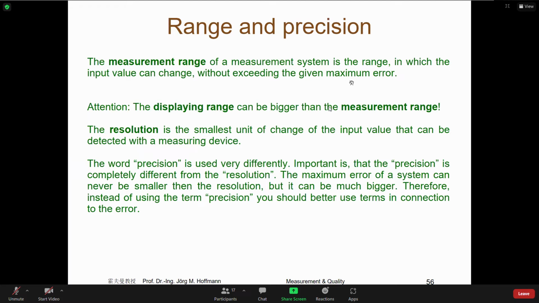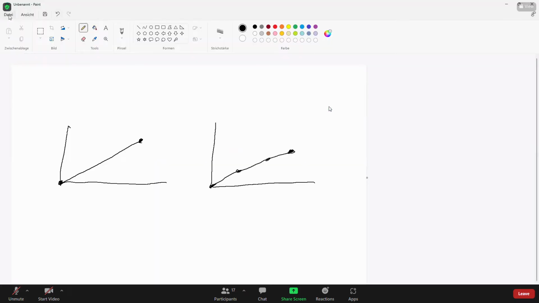That means the range is always defined by the error. And important is that the displaying range can be bigger than the measurement range. Let me show that again in the drawing.